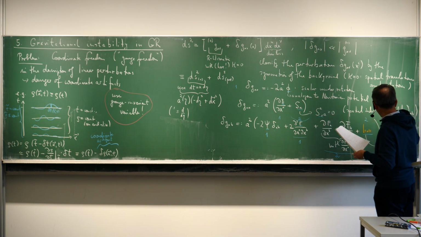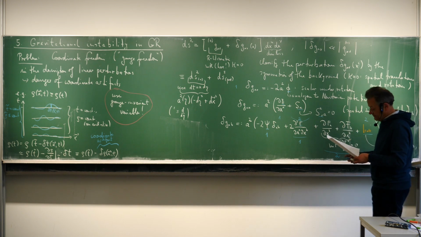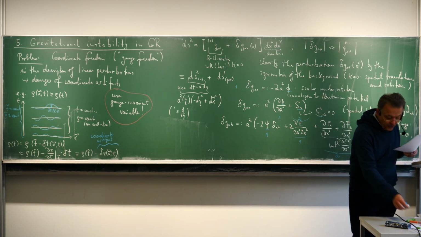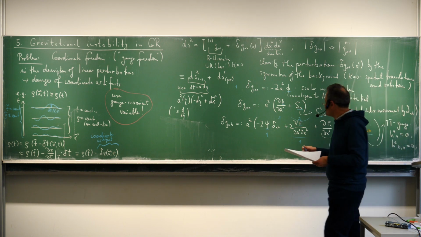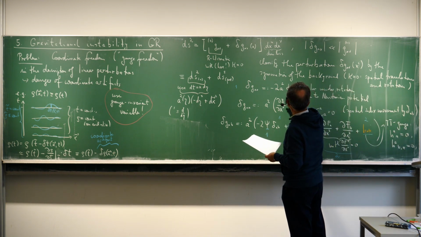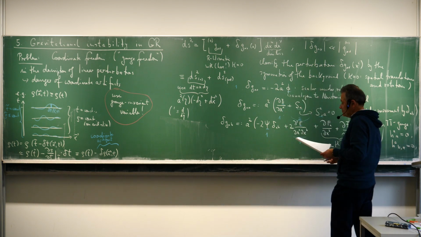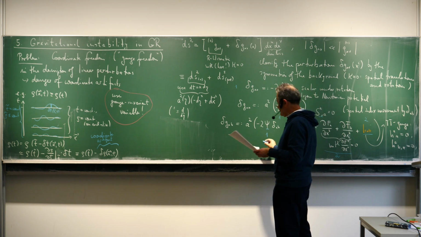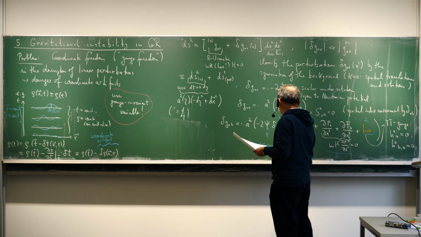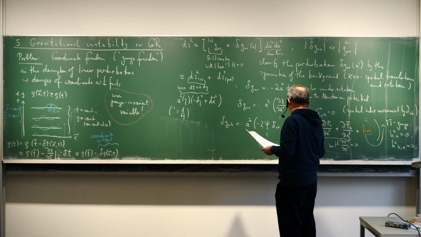And this you know from our earlier discussion. So all in all, if you count, we have 1 plus 1 plus 2 plus 1 plus 1 plus 2 plus 2, we have 10 metric components.